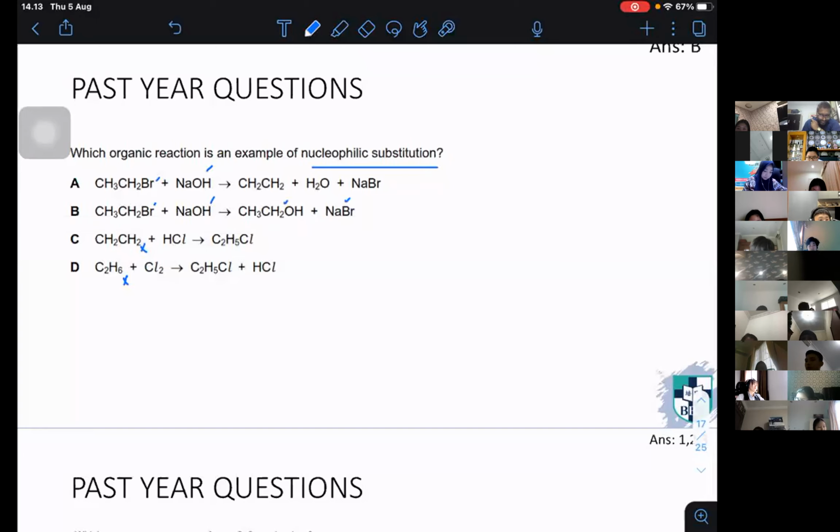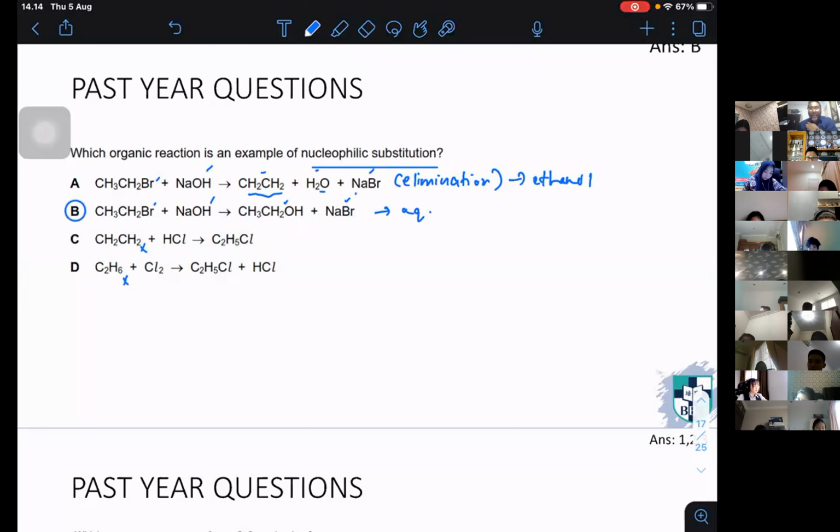We have learned about this. But what can you say about A? This is going to be elimination because you are forming the double bond. You are removing the HBr, which is going to happen with the presence of ethanol. This other one is the one in aqueous form. So if they ask which one is an example of nucleophilic substitution, the answer is going to be B. Very simple.